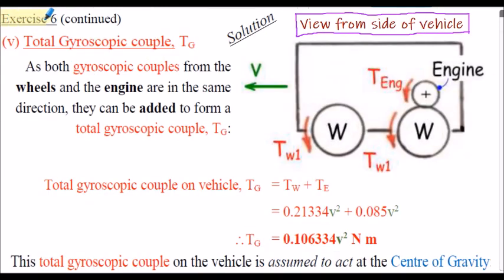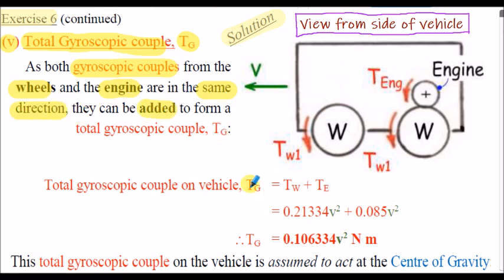Exercise 6, solution continued. What we do now for step 5 is to simply add together the two previous gyroscopic torques to get the total gyroscopic couple, TG. We're adding them in this case because both the couples for the wheels and the engine are in the same direction, so that's why they're added.